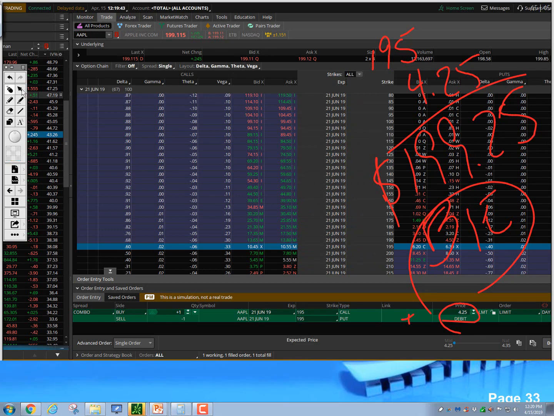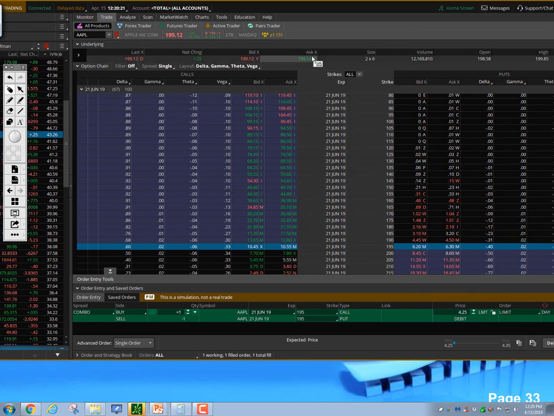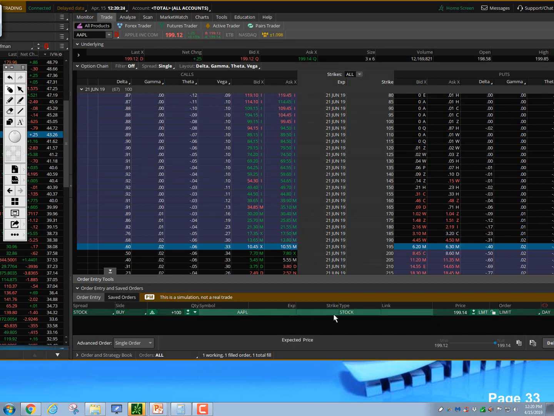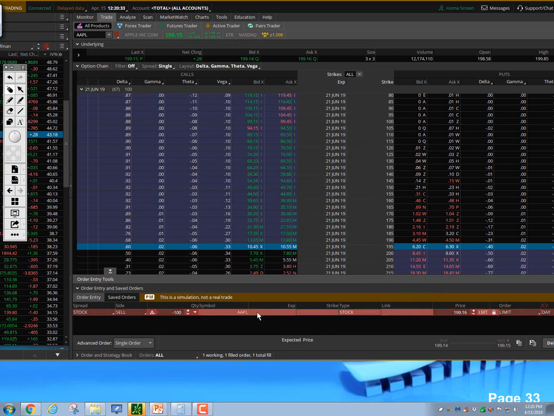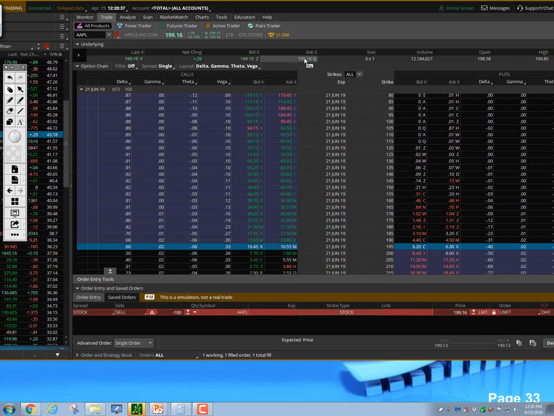I can go over here and show you on this. What's to say that I came out and bought 100 XYZ at 199.74. Let's just look at the create opposite order. Or actually, I don't want to create an opposite order. I just want to buy those and do it as a synthetic long. Let's just do that again. Buy those.